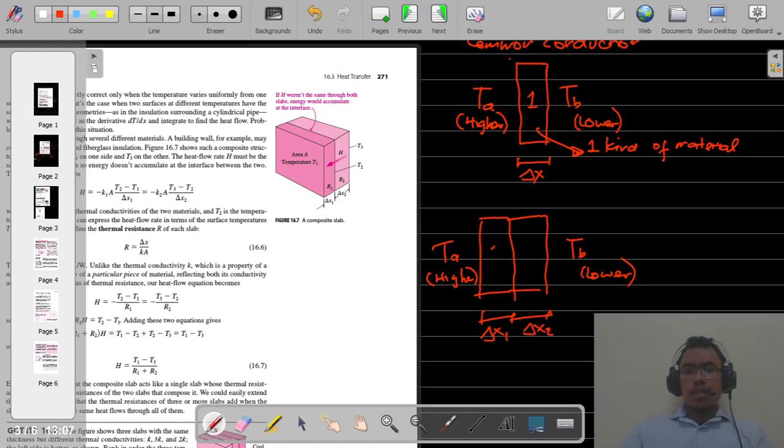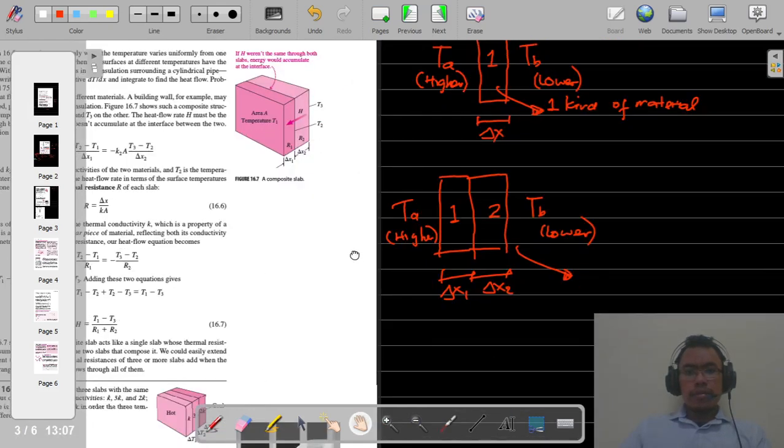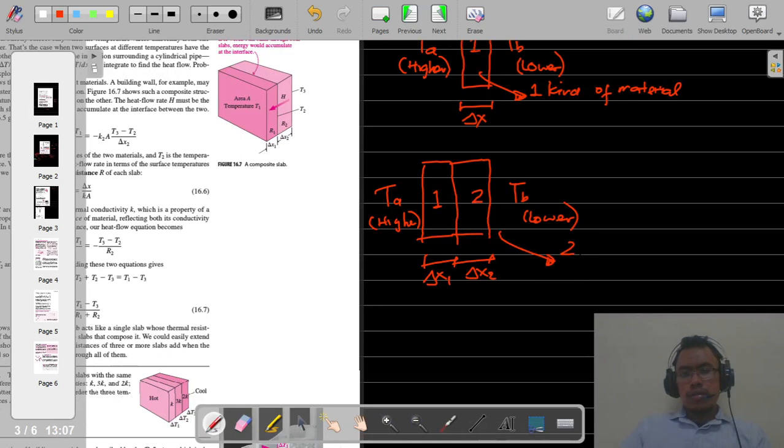This is material number 1, and this is material number 2. So it consists of two materials, so it is called a composite wall, or sometimes also a composite plane.